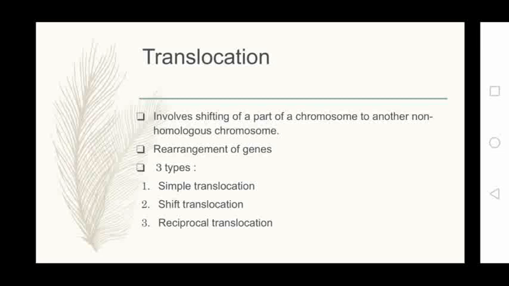Here the genes are not lost, the same genes will be present, but the genes will be rearranged after translocation. Then there are three types of translocation: simple translocation, shift translocation and reciprocal translocation.